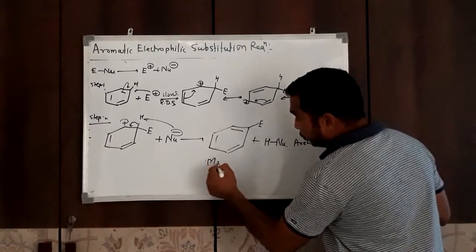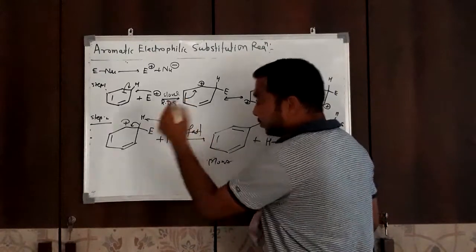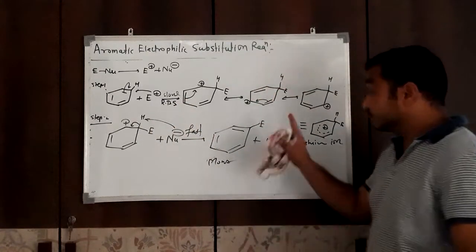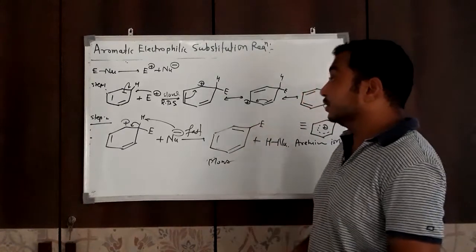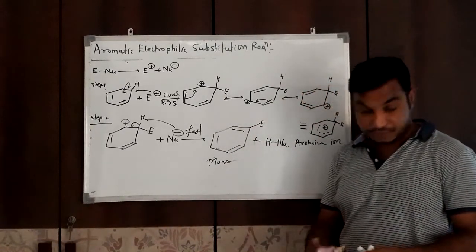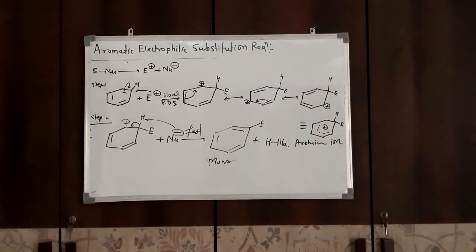This is the mono substituted product. This is a fast step because an unstable molecule is getting converted into a stable product. So this is the simple mechanism for the aromatic electrophilic substitution reaction.